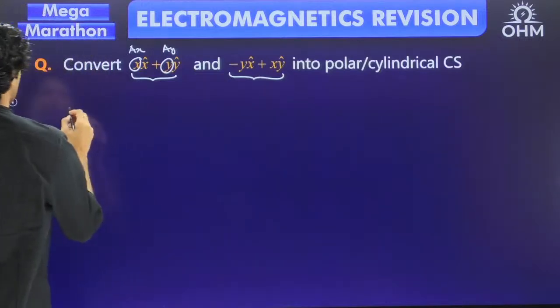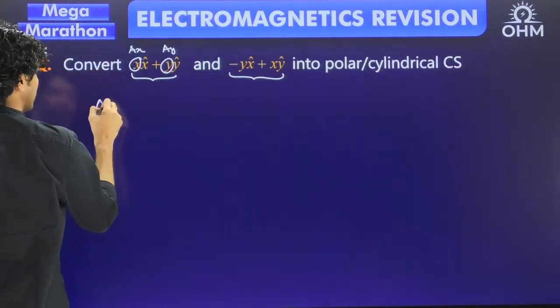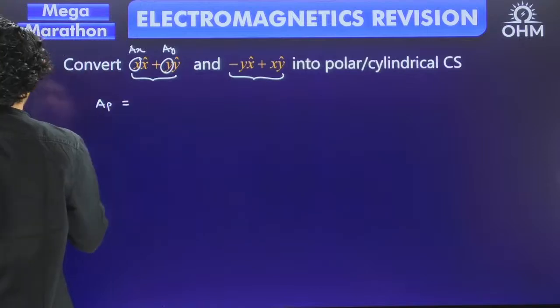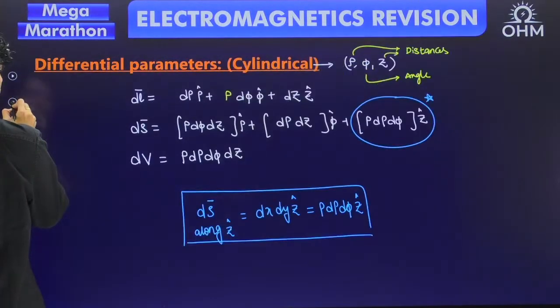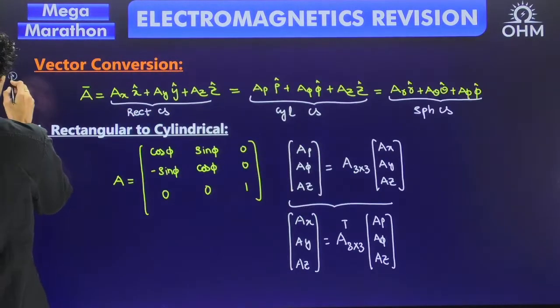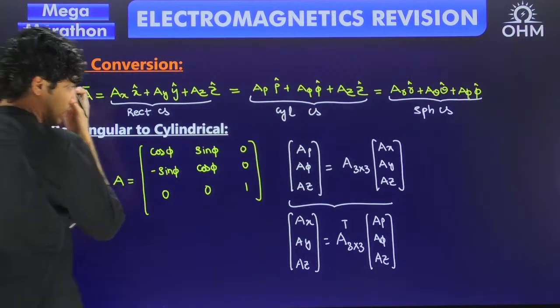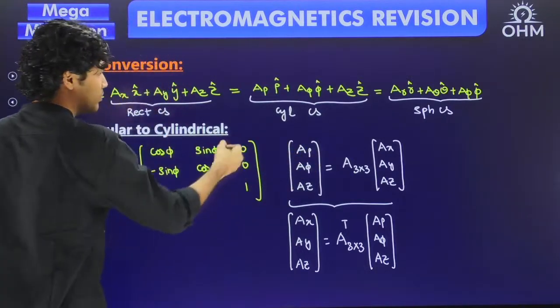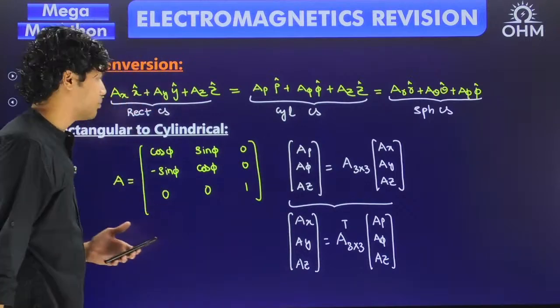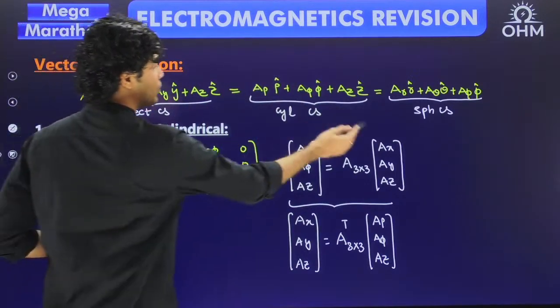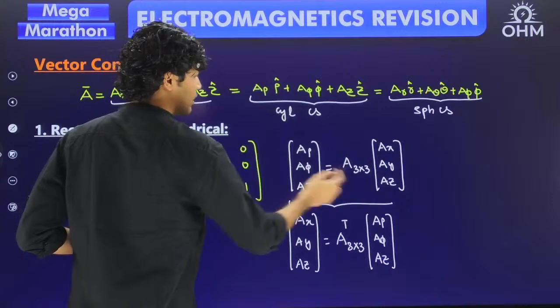So here, what is a rho? First, we will get a rho, from the matrix that we have taken earlier. What is a rho equal to? This matrix multiplied with the ax, ay, az components. So cos phi into ax, sin phi into ay, lastly 0.